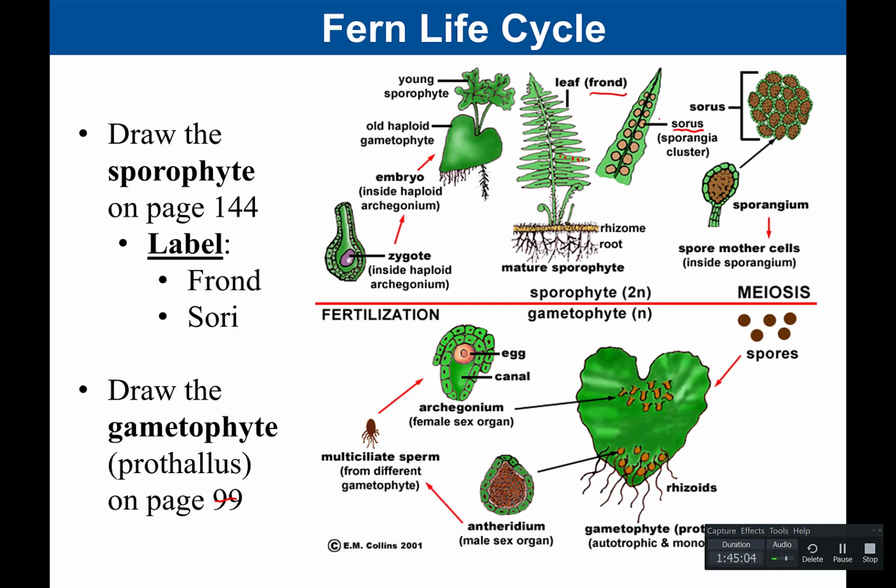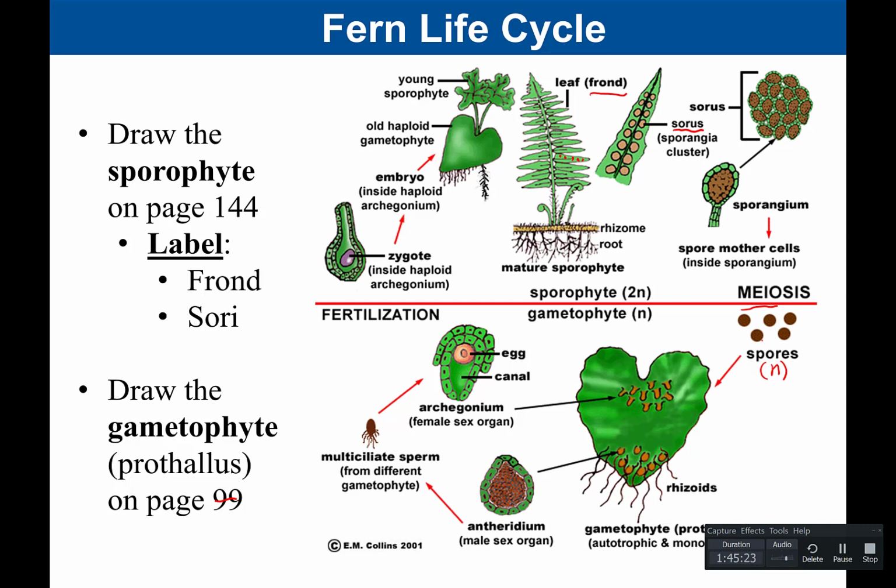And the sori contain, again, the spores. And so in the sori, those cells are going to undergo meiosis. They're going to produce haploid spores. So the spores are haploid.